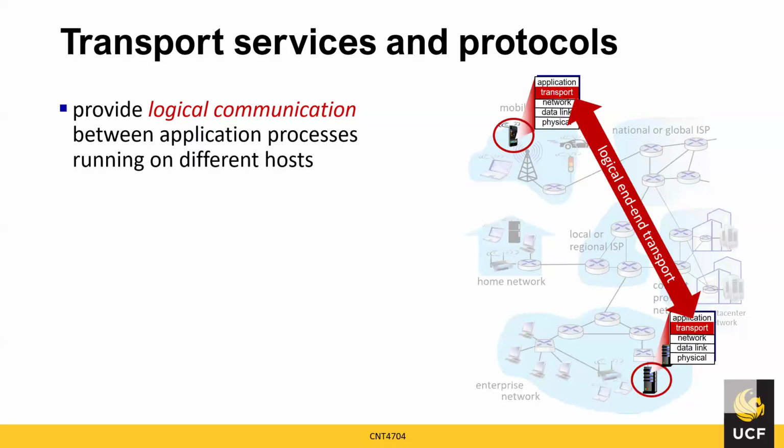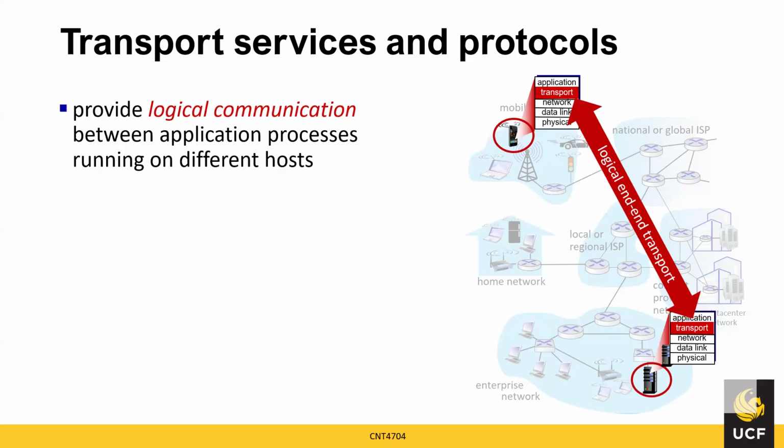So it will do a logical end-to-end transport. Even though we have two apps running on different hosts in different complex systems, it feels like they are directly connected to each other. No matter what the application or the device is, the transport layer is responsible for that.